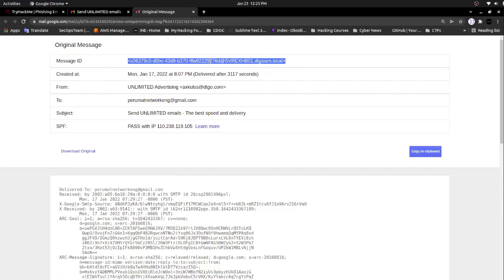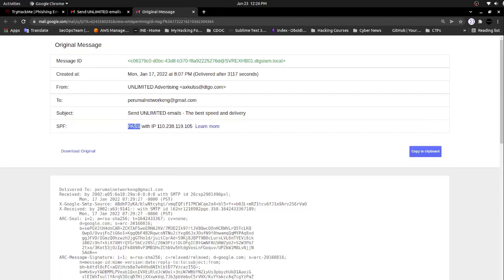Here we can see only limited details, but these details can be deceiving. So that is why we need to check the email headers. You have to click this menu bar over here.